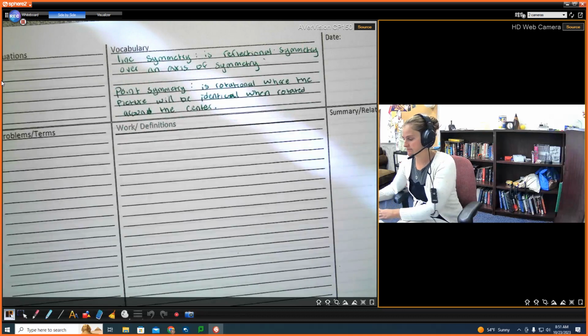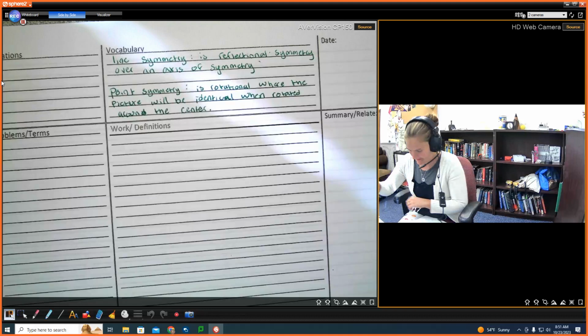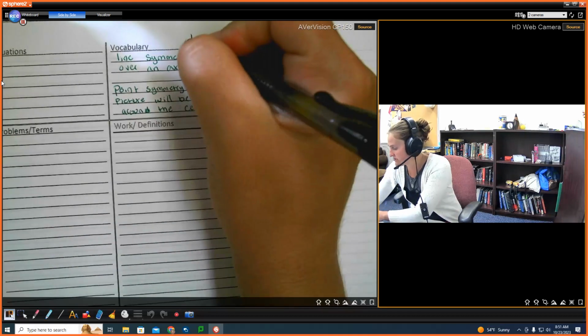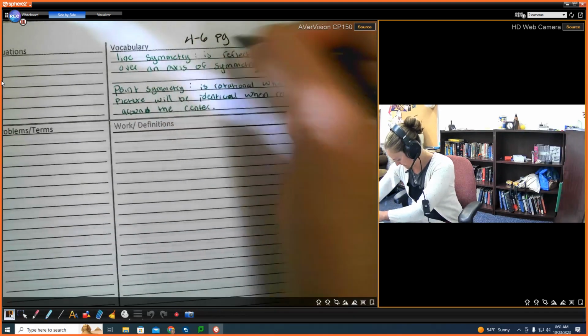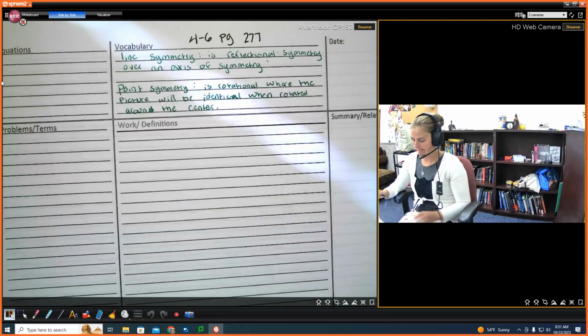And I forgot to put at the top that this is 4-6. It's on page 277.